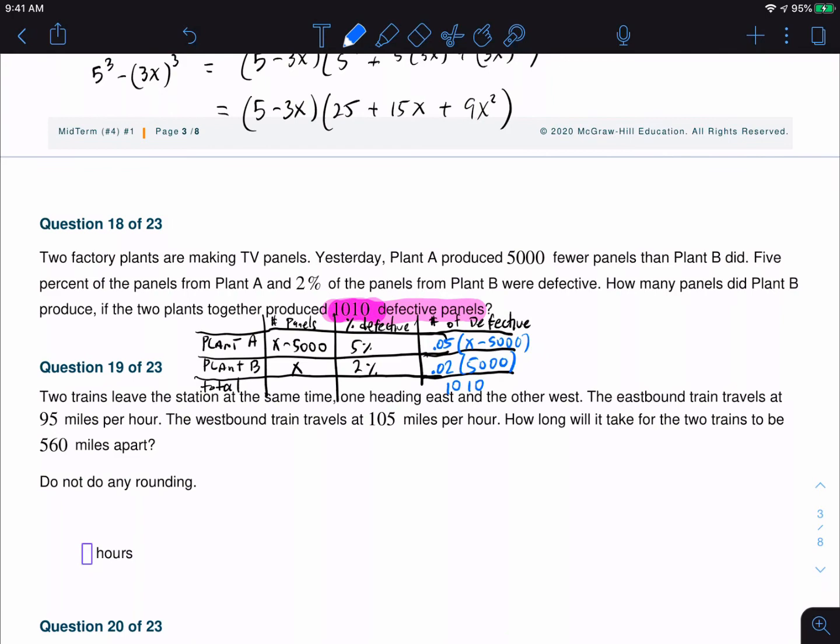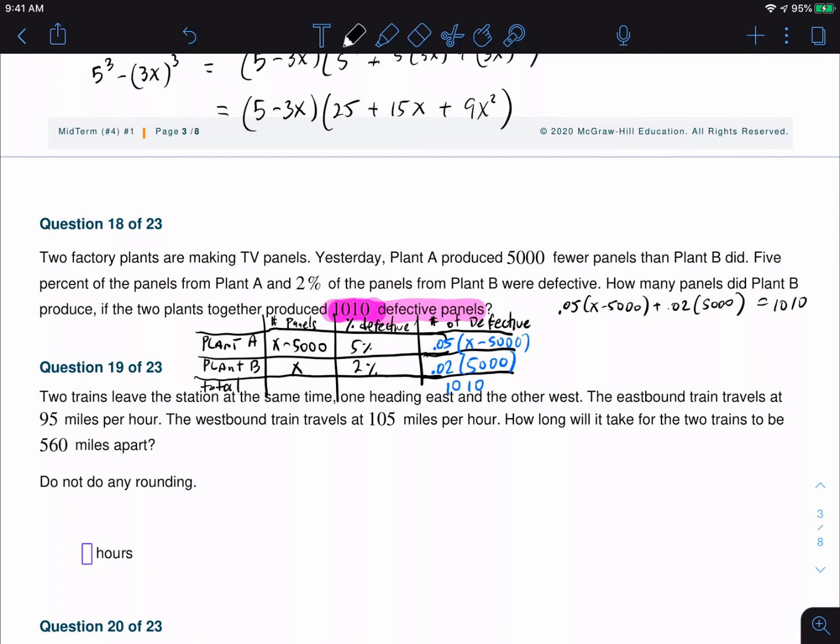So the equation to solve this is simply going to be 0.05 times x minus 5,000 plus 0.02 times 5,000, and that's got to be equal to our total number of defective TVs.